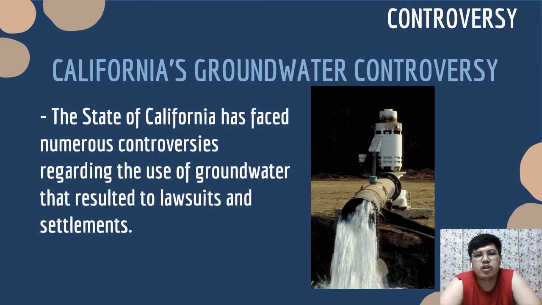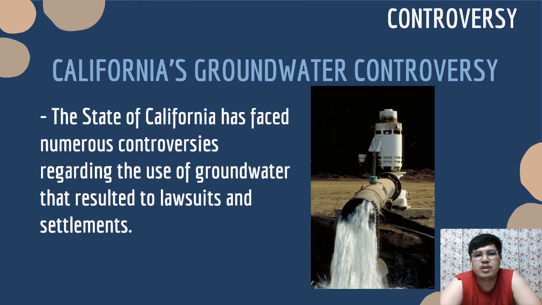Next is California's groundwater controversy. The state of California has faced numerous controversies regarding the use of groundwater that resulted in lawsuits and settlements. Poor groundwater regulations resulted in contamination from development projects of fishing companies and human activities, threatening wildlife and the ecosystem that surrounds the natural sources of groundwater.